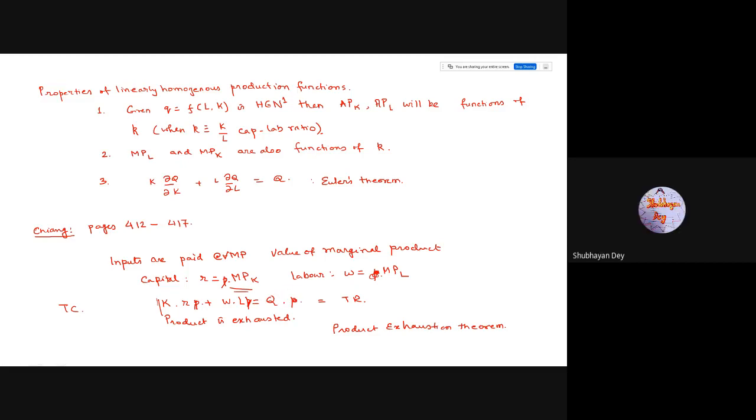So that means if it's a linear production function, capital and labor is going to take away all the output. So what is the profit in this case? Zero. It is zero. What we say is they get normal profit.